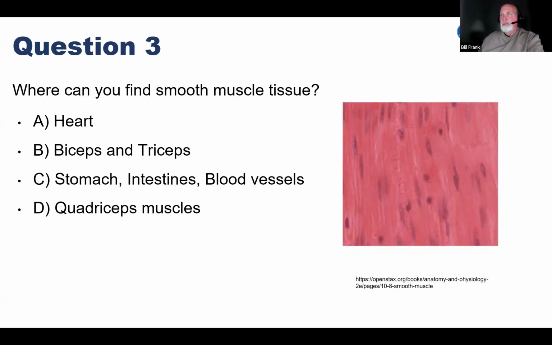End in 3, 2, 1. Perfect. 94% got that it's C, and that is the correct answer.